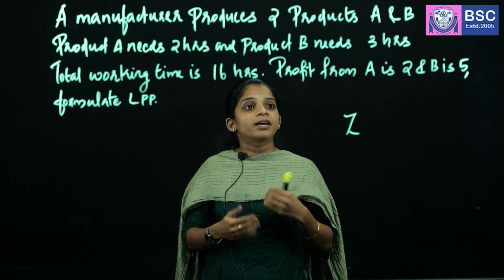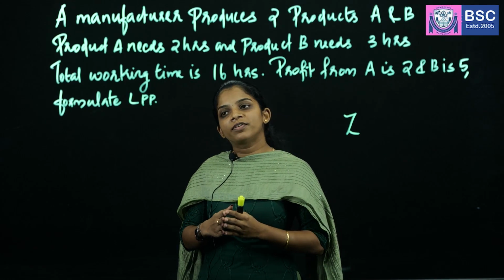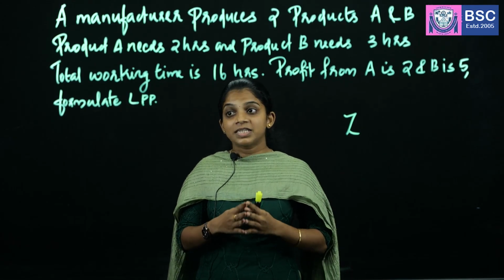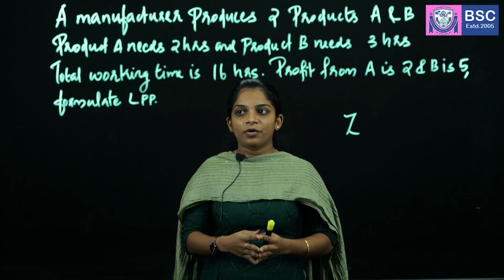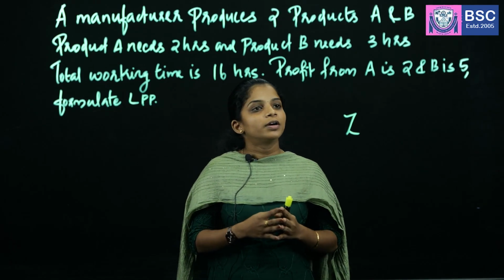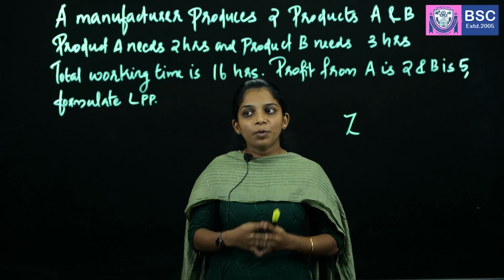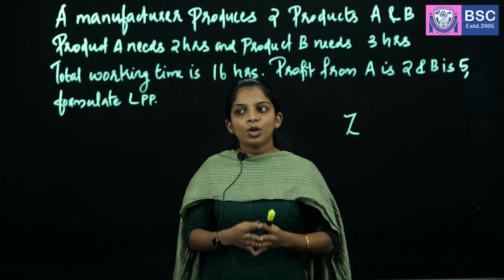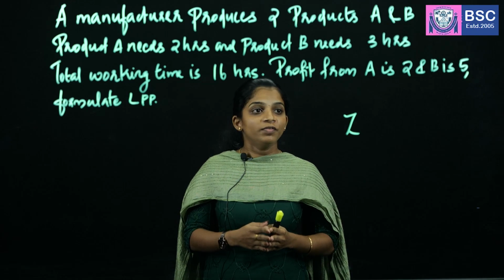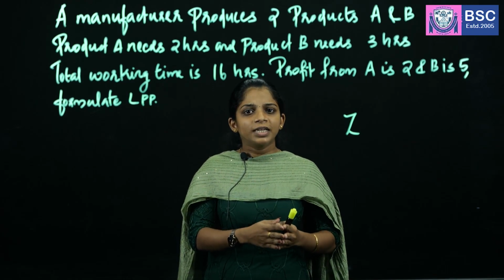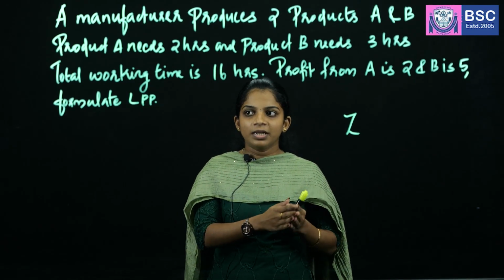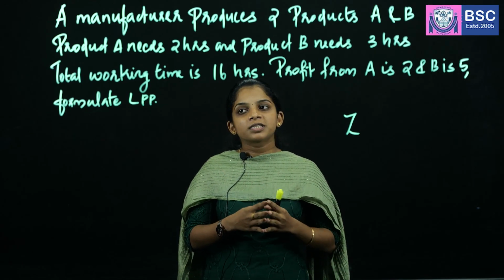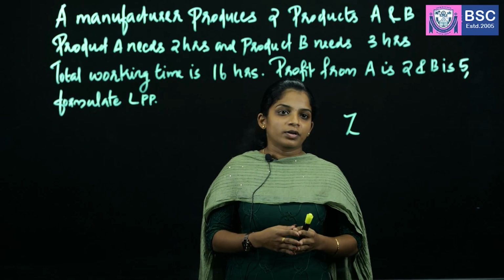But in certain other situations, there will be minimization objectives also. That doesn't mean minimization of profit, but minimization of cost. Cost is an important factor which determines the survival of every business. Cost determines the price of a product, which gradually leads to demand. So minimizing cost is another objective of every organization.